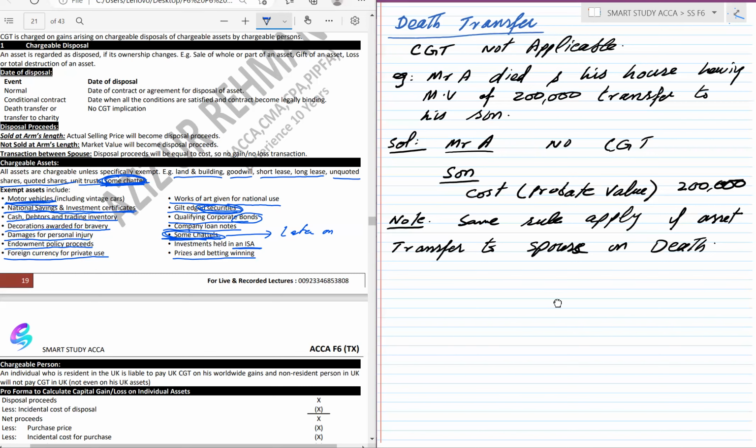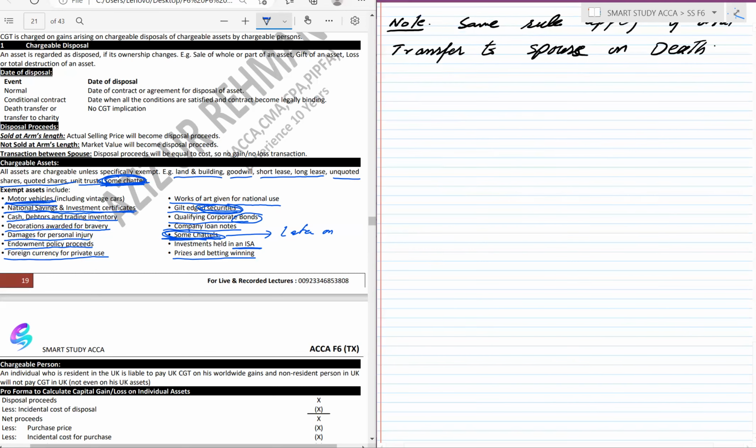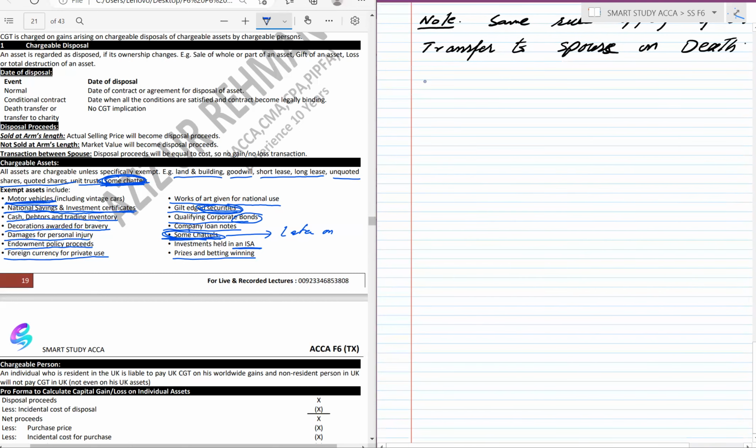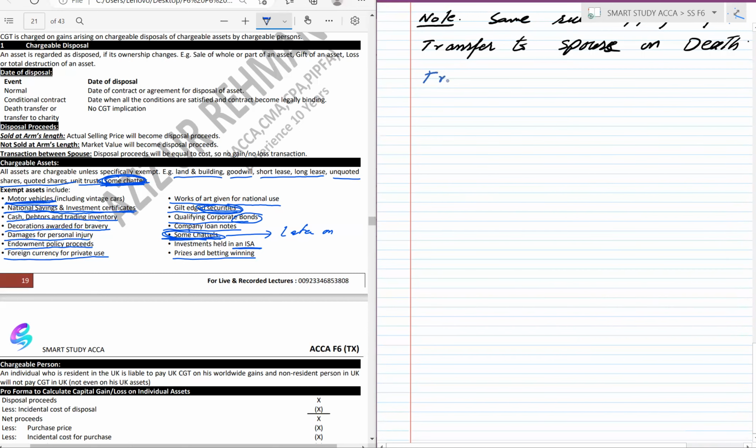Now let's discuss the special rules for transfers between spouses. Transactions between spouses.